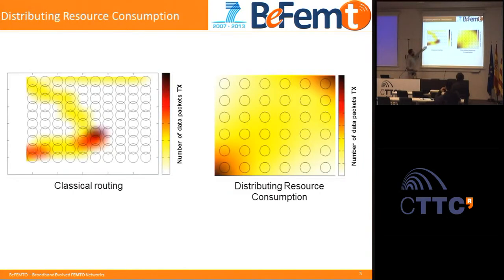In a conventional routing, what you have here is a grid, where each circle is a node. So imagine a network of femtocells like this, in the form of a square, and each of these circles is a different node.